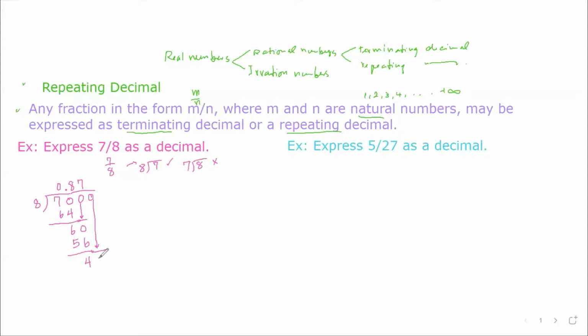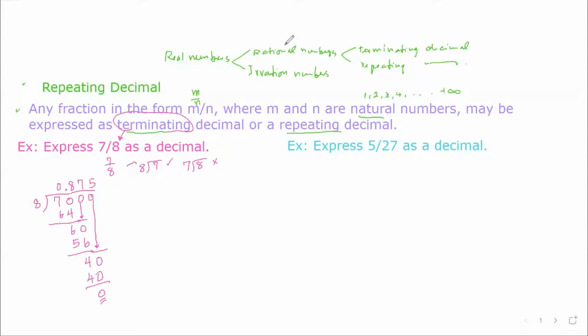You learned this already at primary level. So it becomes 40, 5 times 8 is 40. In this case the remainder equals 0, and when the remainder equals 0 we call this a terminating decimal. So the answer for the fraction 7 over 8 in decimal form is 0.875.